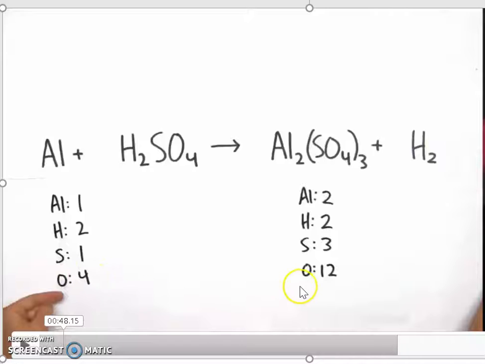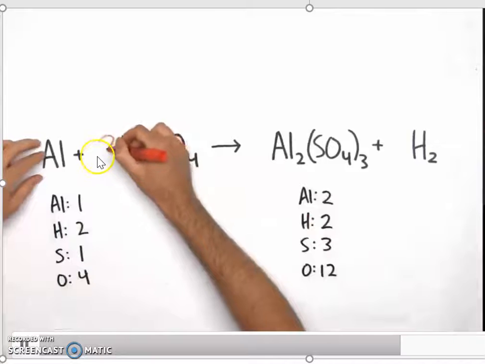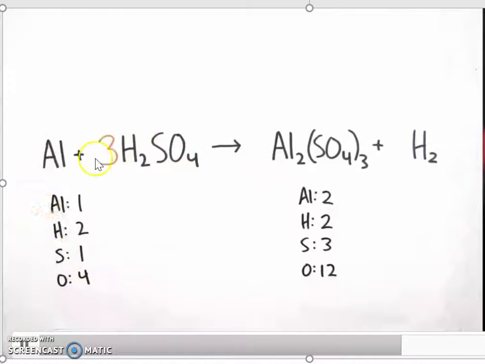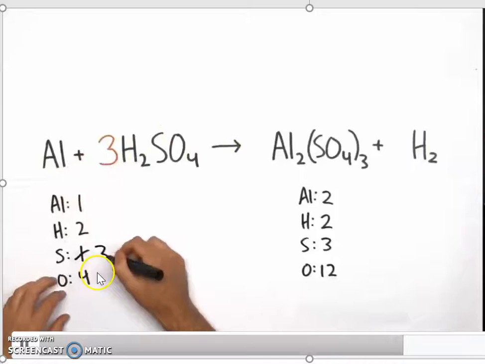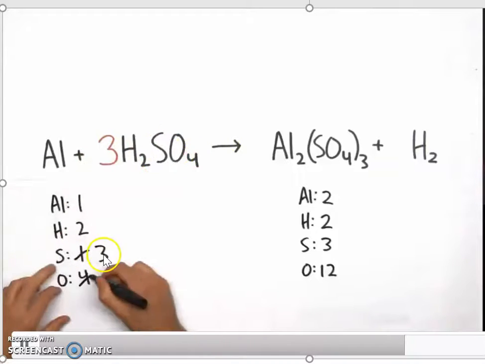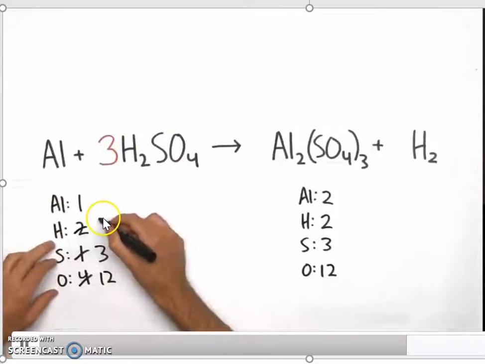So, let's first start to balance this out. So, what are we gonna do? So, we can put coefficient 3 here, okay? So, it will make oxygen in the reactant side 12 this time because it's 3 times 4, it's 12, and the sulfur is now 3 as well, and hydrogen is 6.